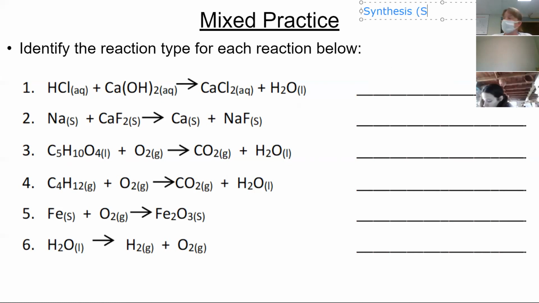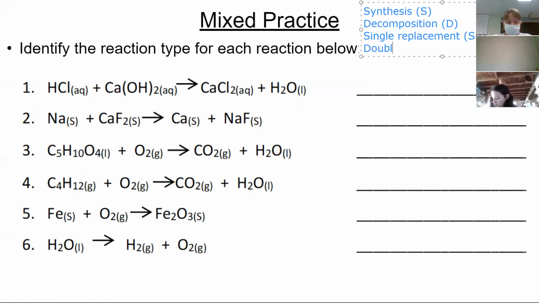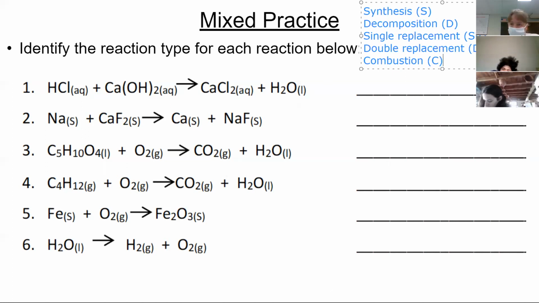Synthesis, we sometimes abbreviate that S. Decomposition, sometimes abbreviate that D. SR. DR. I will be asking you guys for your responses, so make sure you're trying these.